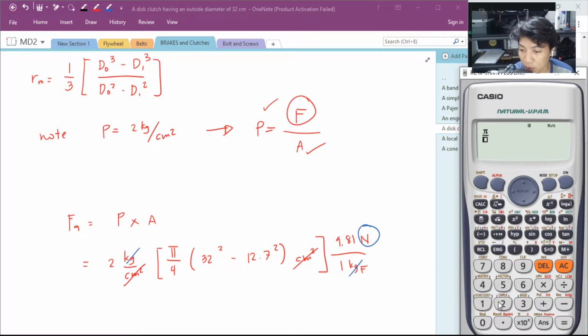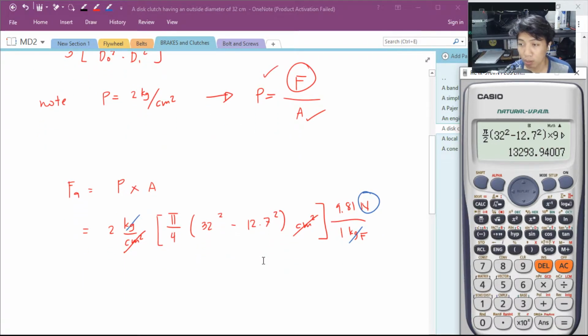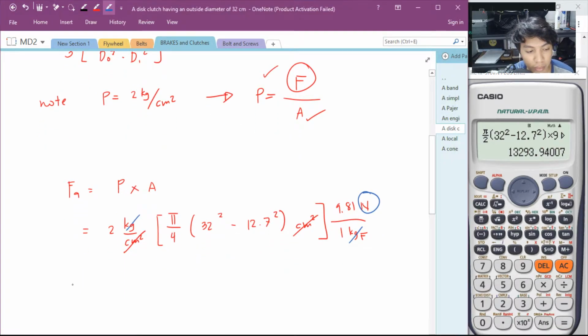Pi over 2. Then multiply it with the 32 squared minus 12.7 squared. And then multiply it with 9.81. Anong lalabas dyan in newtons? That is 13,293.94 newtons.